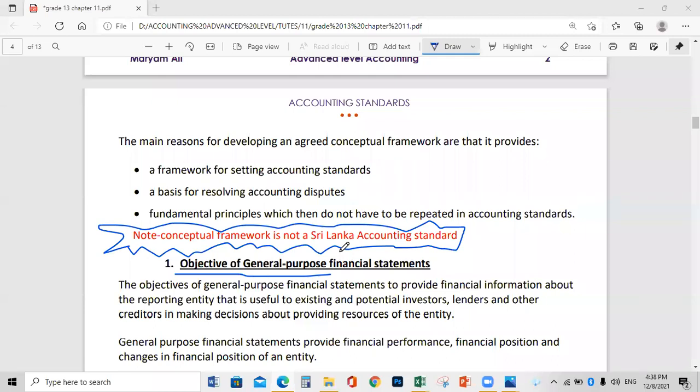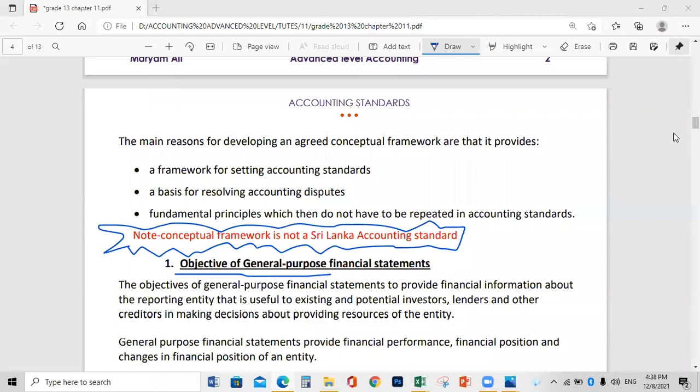Because of that, they have eliminated these problems and developed something called the conceptual framework, which helps you resolve all the accounting disputes. And in the standards, they don't have to repeat things. For example, this conceptual framework will define what is an asset, so that is not repeated in another standard because it's already defined in the conceptual framework.